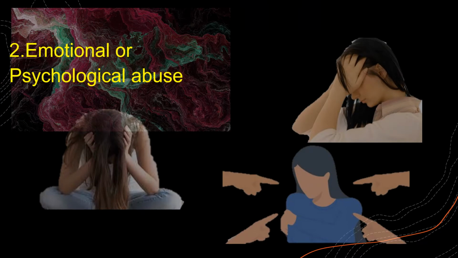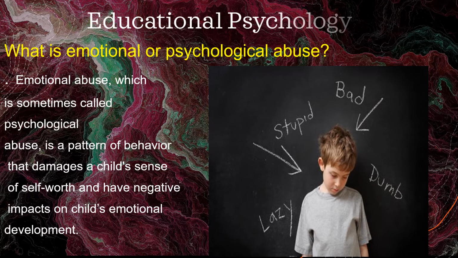So the second is the emotional or psychological abuse. So what is emotional or psychological abuse? Emotional abuse, which is sometimes called psychological abuse, is a pattern of behavior that damages a child's sense of self-worth and has a negative impact on the child's emotional development.